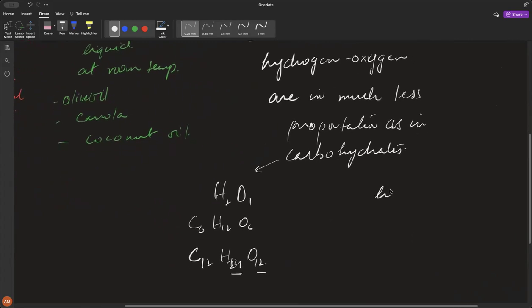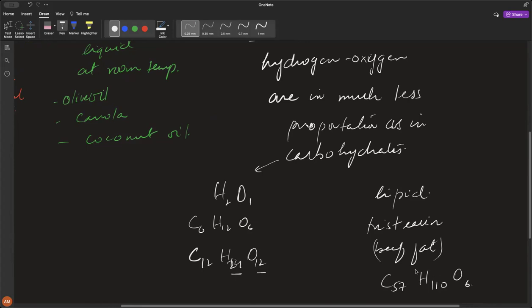When you talk about lipid, an example of lipid is triglyceride, which is actually the beef fat that we generally are able to see in the meat. Beef fat has a formula of C57H110O6.